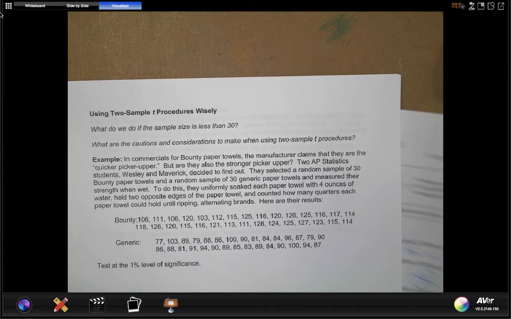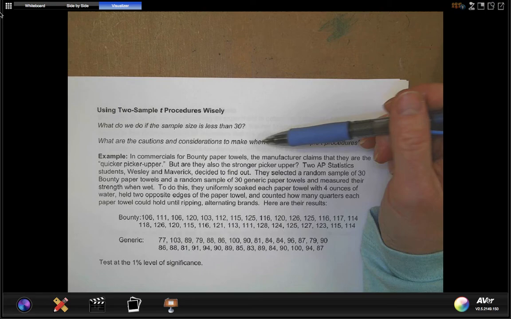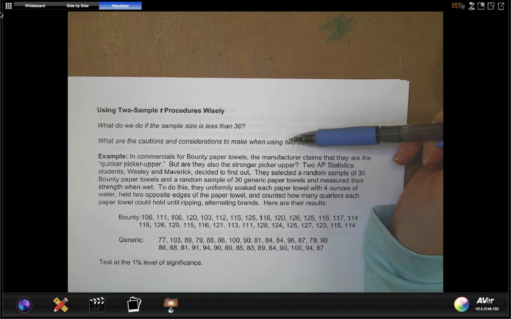All right. We talked about this a little bit before. If the sample size is less than 30, we're doing the same things that we did before. We're looking at graphs, looking for outliers or skews. This question's about if you were going to design something yourself.